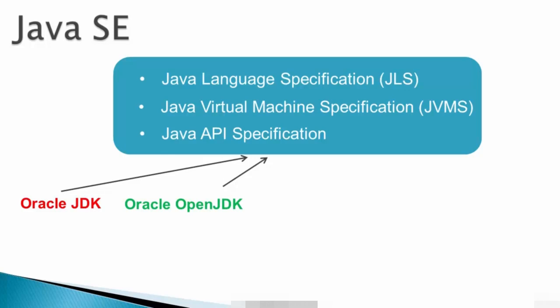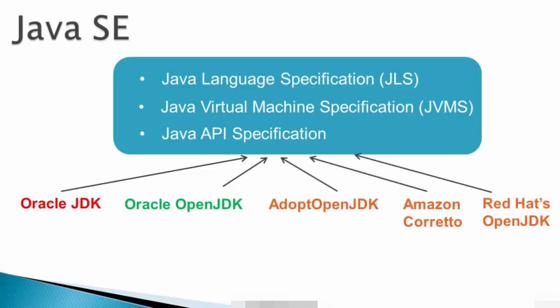But since we are learning Java here, it is fine to use even Oracle JDK. And there are also many other providers, and a few prominent ones are Adopt OpenJDK, Amazon's Corretto, and Red Hat's OpenJDK. These are also free, just like Oracle's OpenJDK.